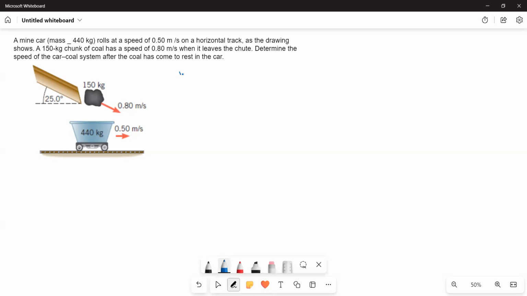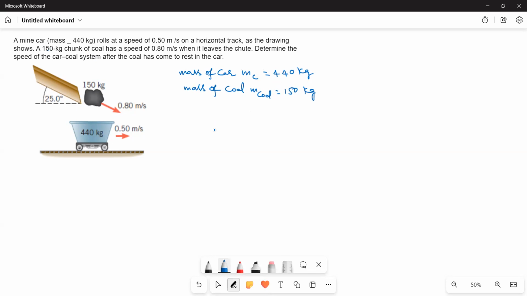Mass of the car is equal to 440 kilograms. Mass of the coal is 150 kilograms.